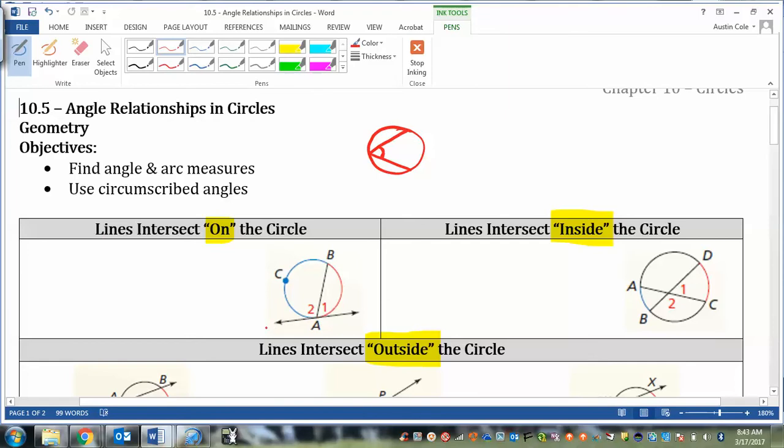So if two lines are intersecting on the circle in this situation, where I've got a tangent line and a chord, and they intersect right there, the measure of angle 1 is going to be the same exact thing as inscribed. It's going to be half the measure of the intercepted arc. So if I look at angle 1, it is going to be half the measure of this intercepted arc, so it's going to be 1/2 the measure of arc AB.